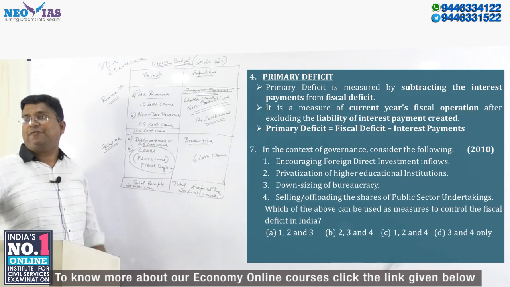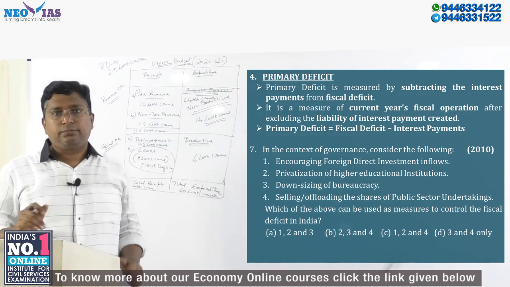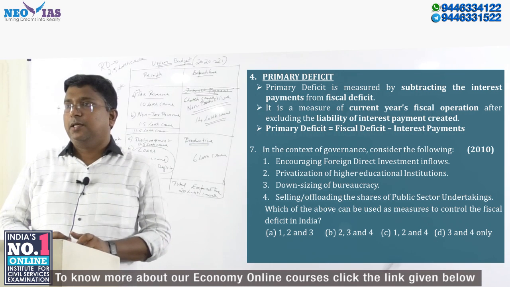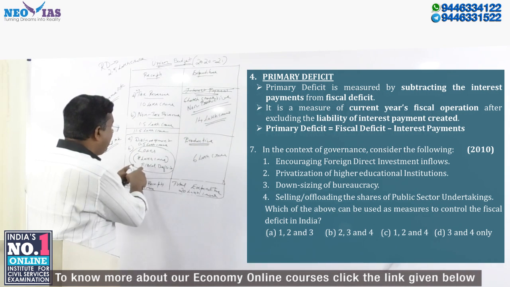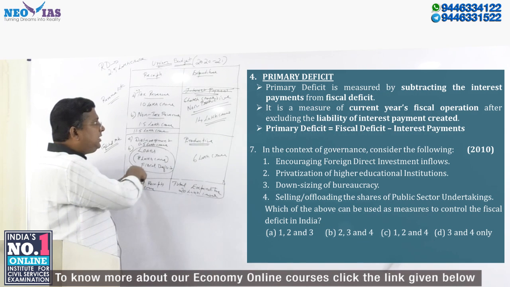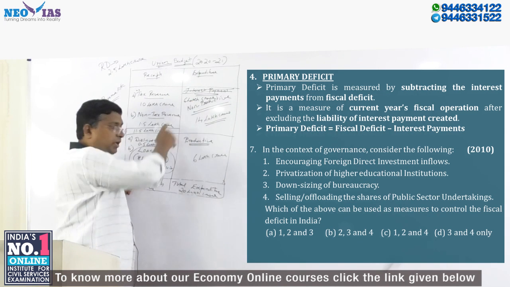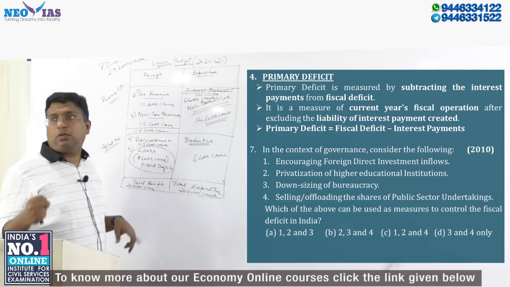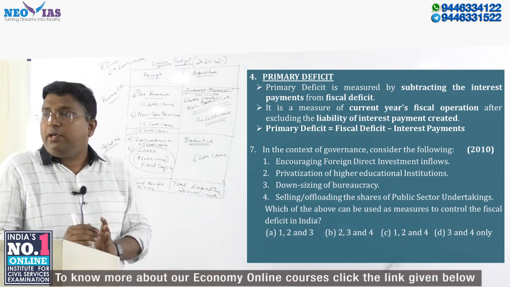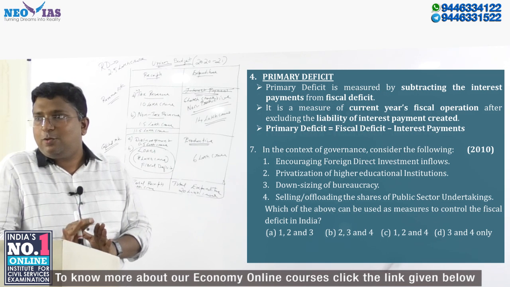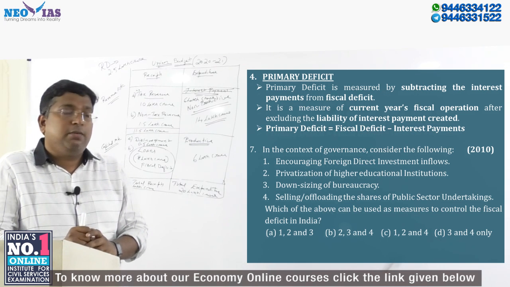That is primary deficit. Primary deficit is fiscal deficit minus interest payment. The fiscal deficit is 8 lakh crore, the interest payment is 6 lakh crore. 8 minus 6, 2 lakh crore. That is primary deficit.